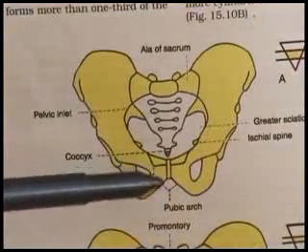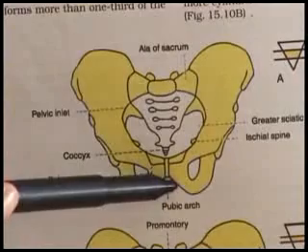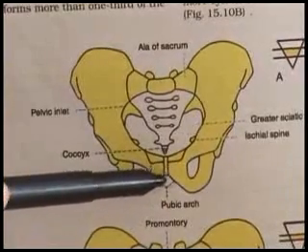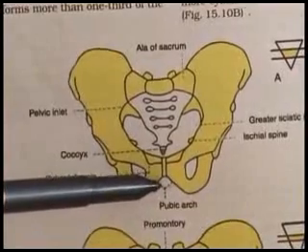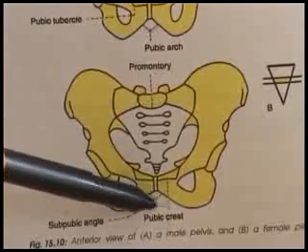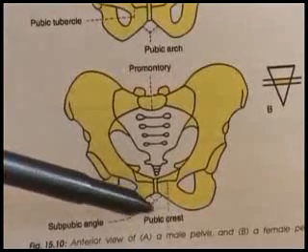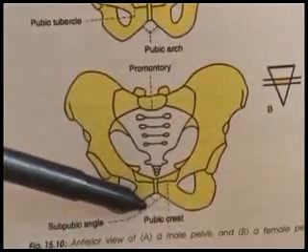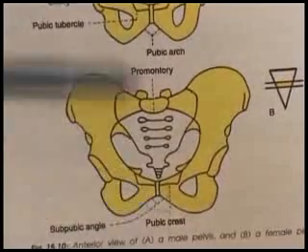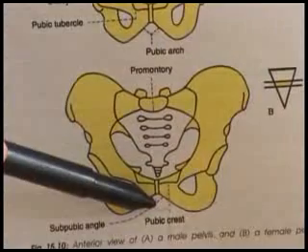The subpubic angle between the right and left ischiopubic rami is 50 to 60 degrees in males, whereas the subpubic angle is bigger in females, about 80 degrees. This is a very important characteristic point of difference between the male and the female pelvis.